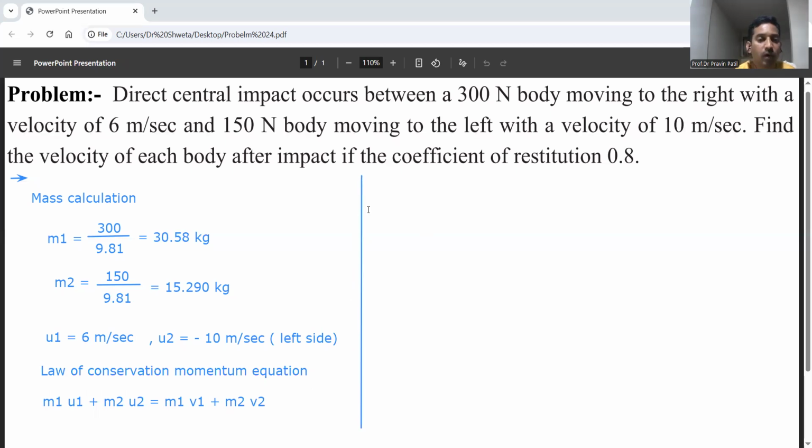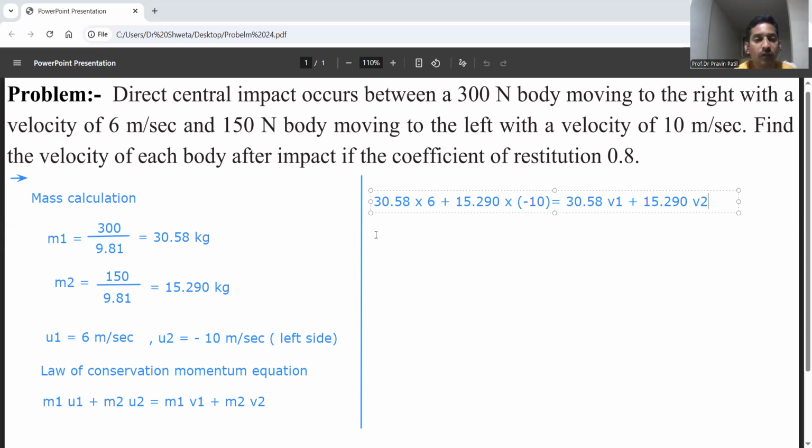So m1 is 30.58 into u1, which is 6, plus m2, which is 15.290 into u2, which is minus 10, is equal to m1, which is 30.58, times v1, plus m2, which is again 15.290, times v2.